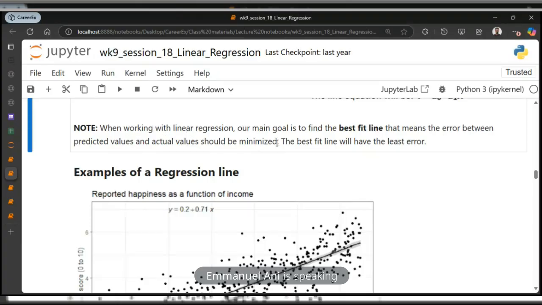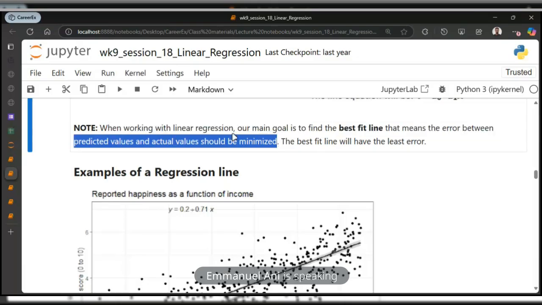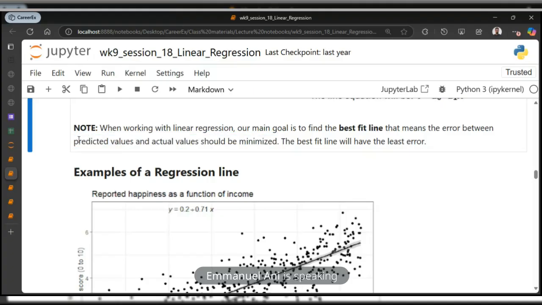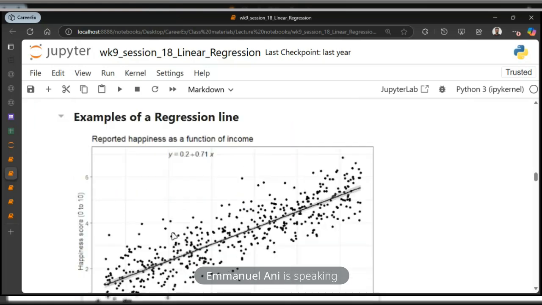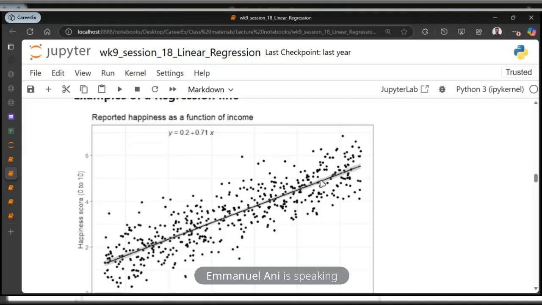This is what I explained the other time. The goal is to find the best fit line that minimizes the error between the predicted values and the actual values. All the mathematical stuff I explained before is now represented in a graph here. You are looking for the best line that will minimize the error between the predicted value and the actual value.